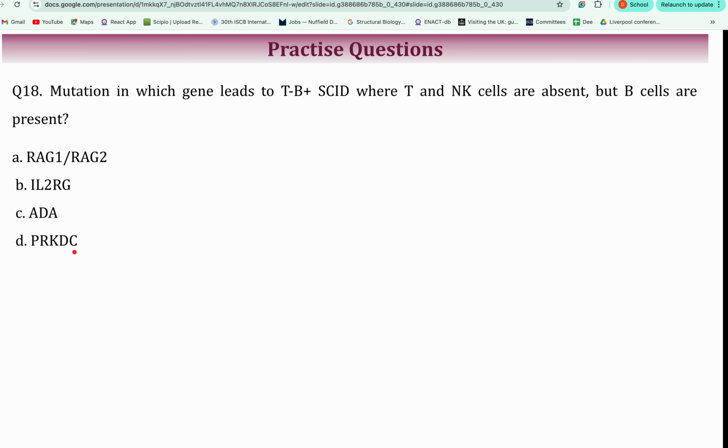So you need to tell mutation in which gene leads to this. Just think that it is affecting just the T cells and NK cells, but not the B cells. So if you know which gene is responsible for the B cell defect, then you can cancel that out and you will be able to get the answer.